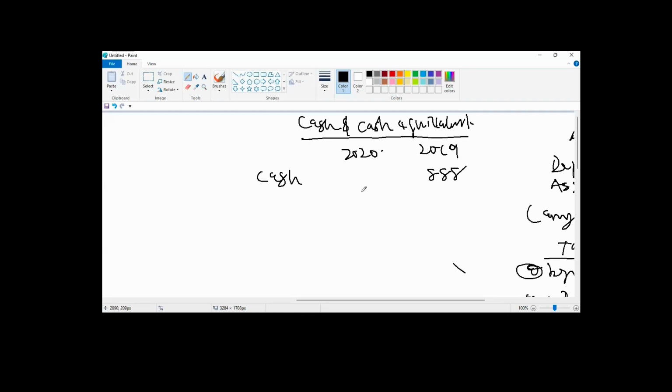In 2020, 1,111. Does he have investments? Bank overdrafts? Yes. What is the bank overdraft in 2019? 2,040. In 2020? 1,555.